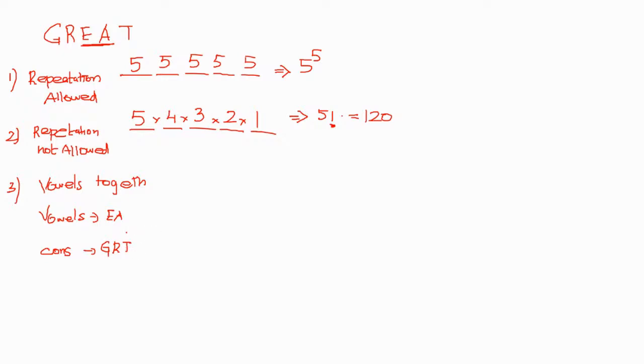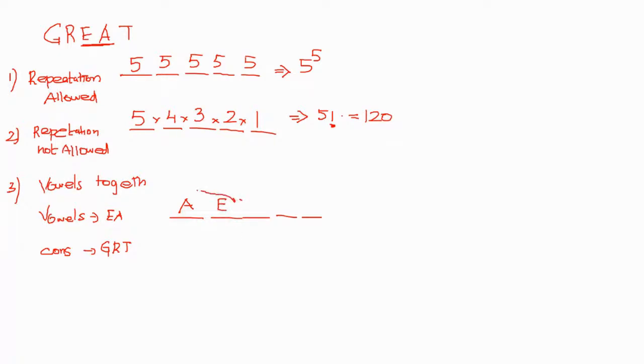So I need to form a five-letter word. If I write A here, E should always be written together with it.